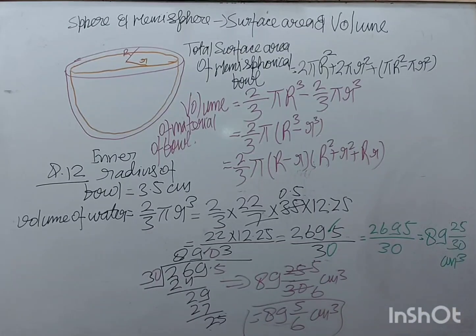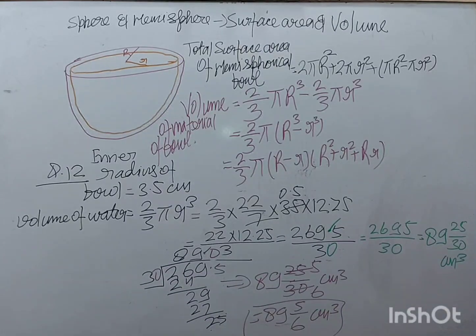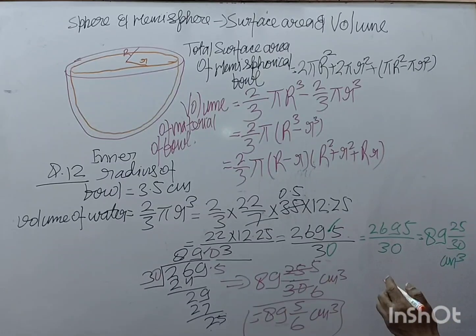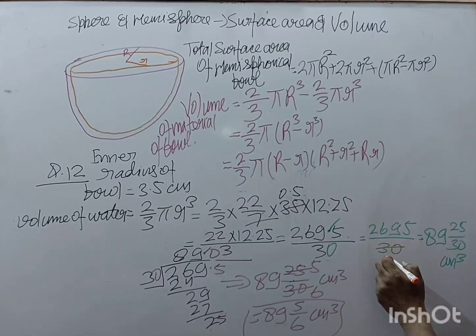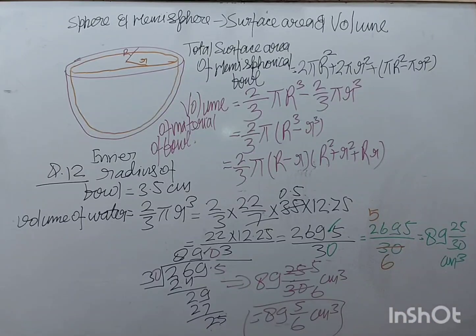Which can be further written. Otherwise, if you divide by 6, 5 times 6 becomes 30. 5 times 5 becomes 25.